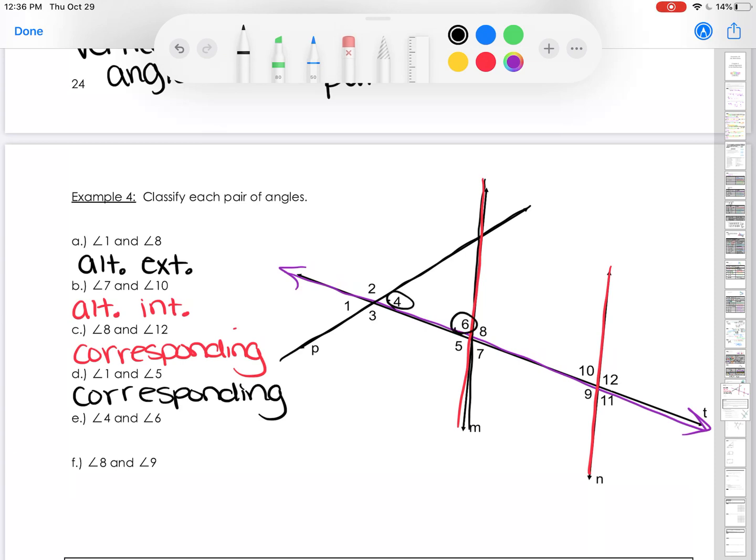Same 2 lines we're looking at now. 4 and 6 are on the inside of those 2 black lines, and they are on the same side. So they are consecutive interior angles. And last but not least, angles 8 and 9. They are using the 2 red, so they're on the inside, but they're on alternate sides, so alternate interior.